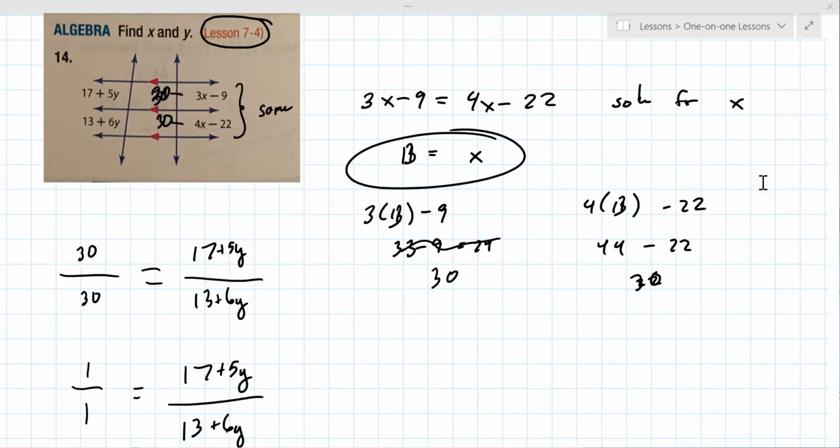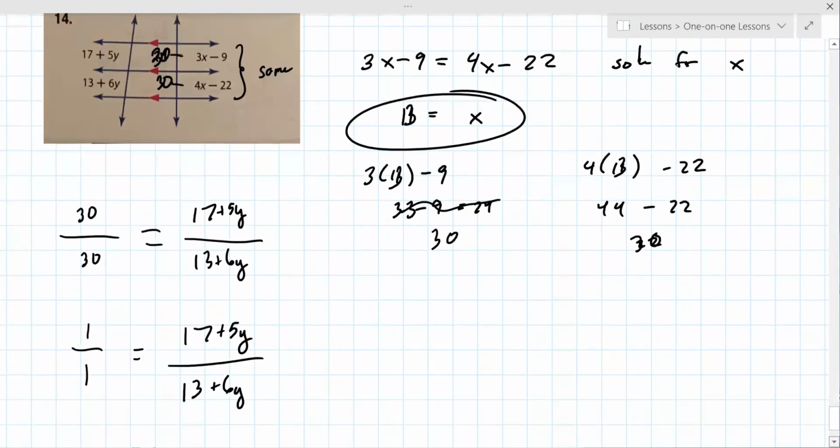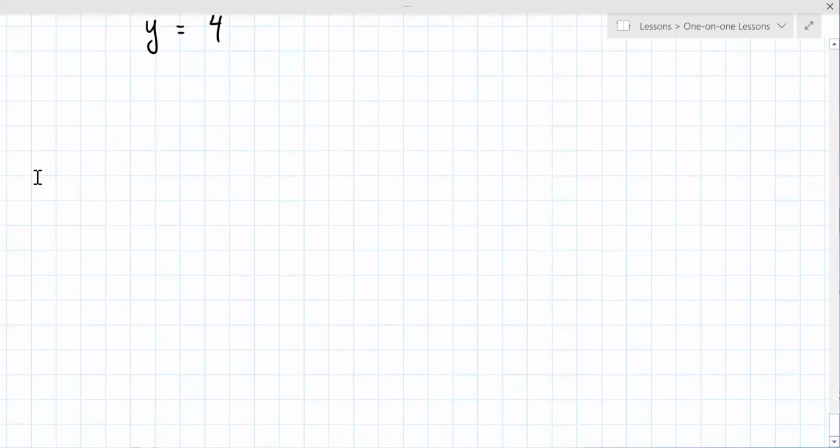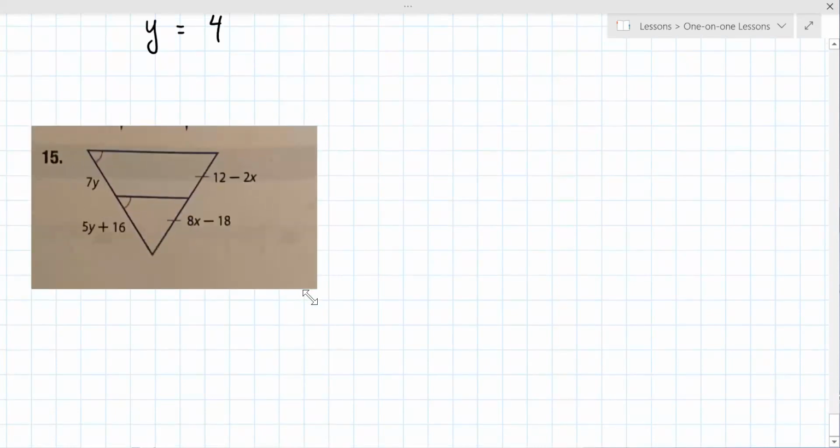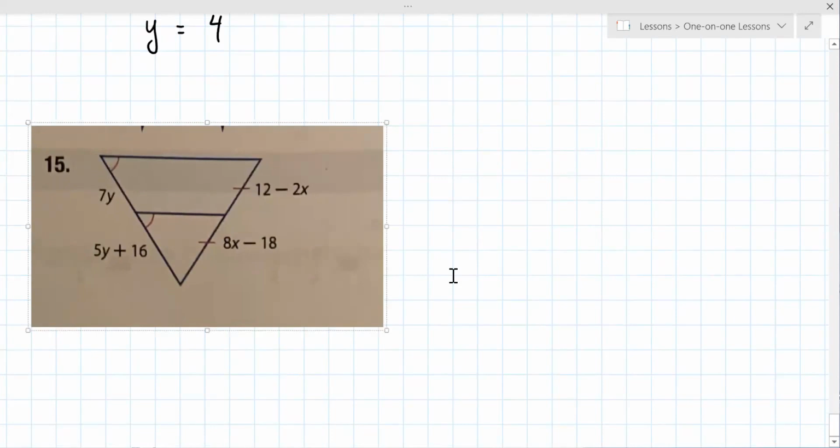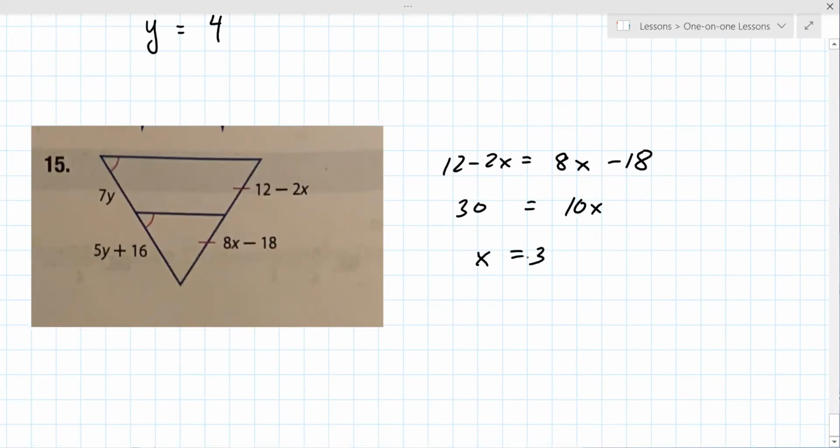Okay, so let's try. Got 15 here. Maybe we'll go back and look at 12 if you want after this. Okay, so again, you got the situation where these are equal. So you can set 12 minus 2x equal to 8x minus 18. Okay.